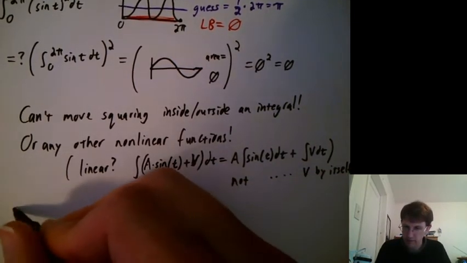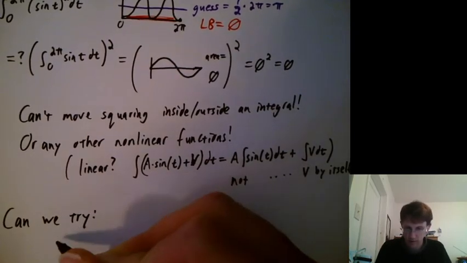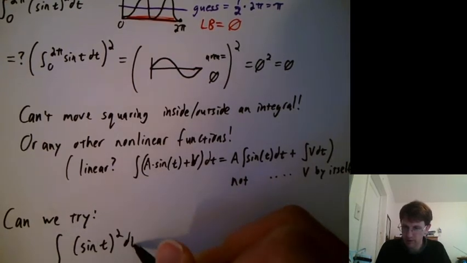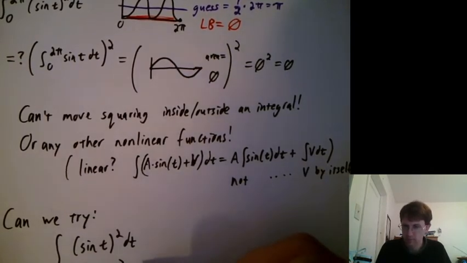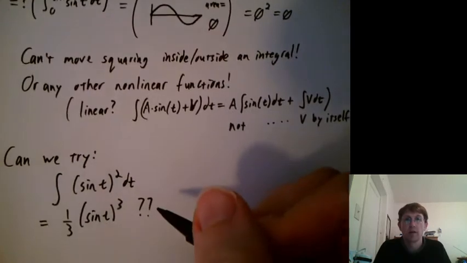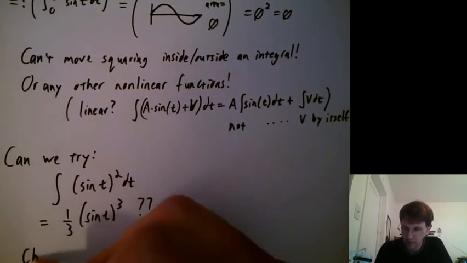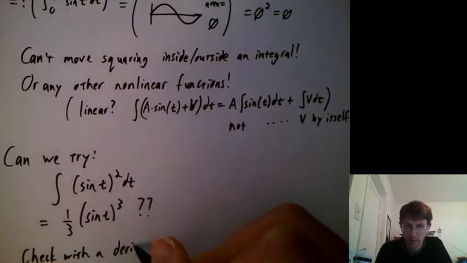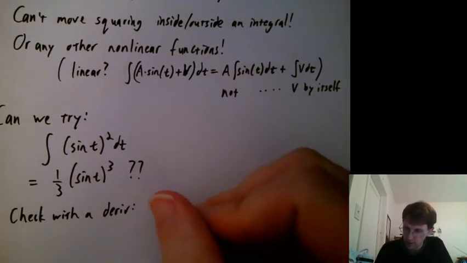Can we try to be sneaky some other way? Can we say the integral of sine t squared dt equals 1/3 sine t cubed? That seems like we're just using the power rule, but we should check it with the derivative. What's the derivative of 1/3 sine cubed?